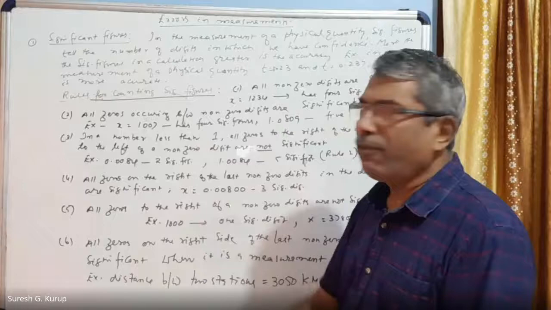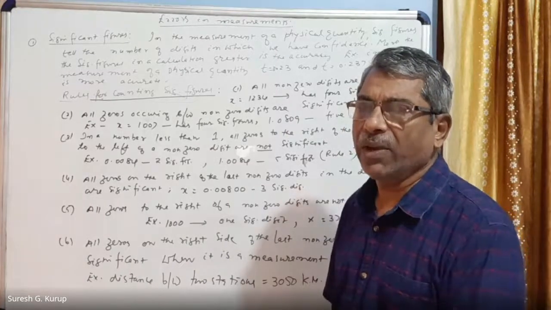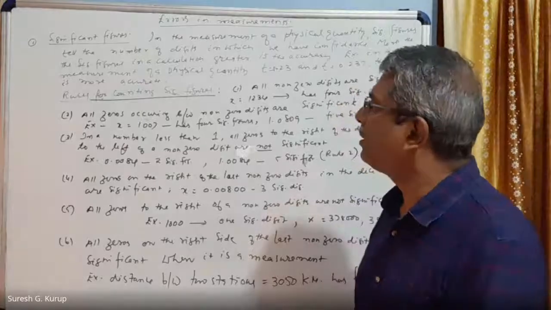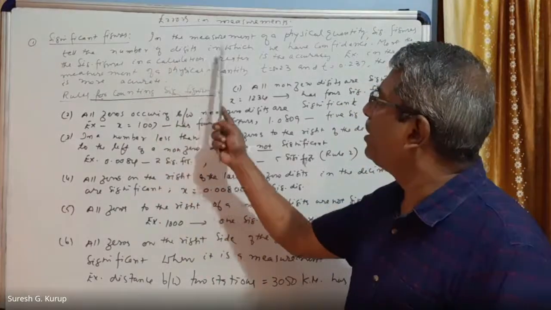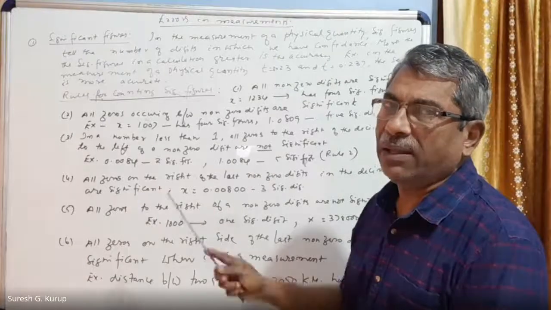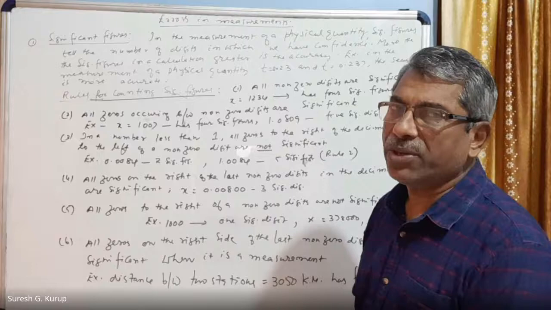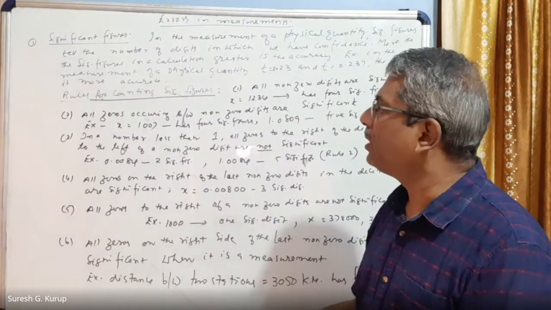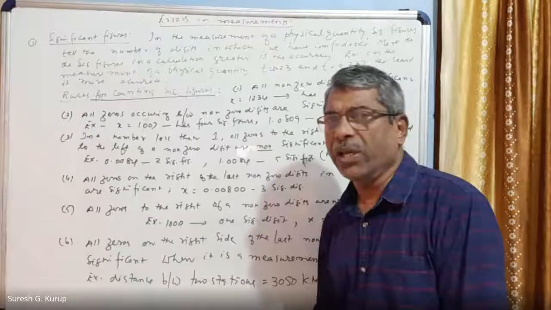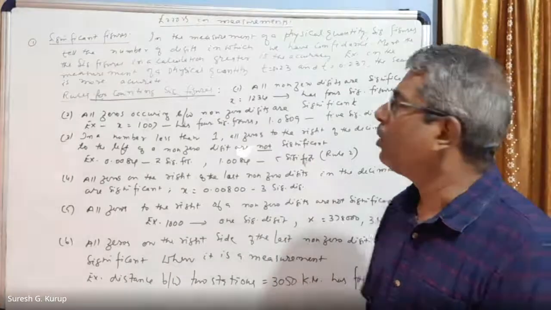We are confident of a certain number of digits, so we can say that the calculation is accurate. That is what is called significant digits. More significant digits in a calculation, the greater is the accuracy.